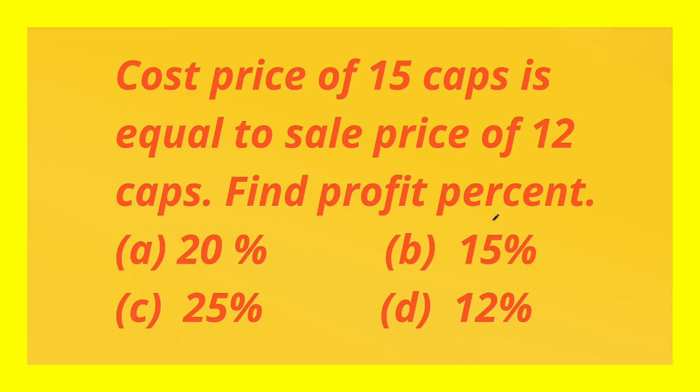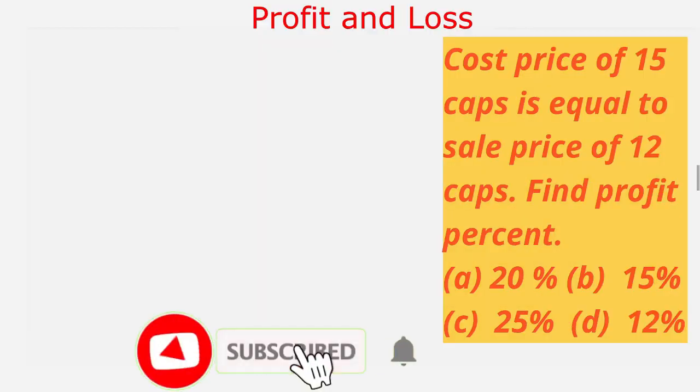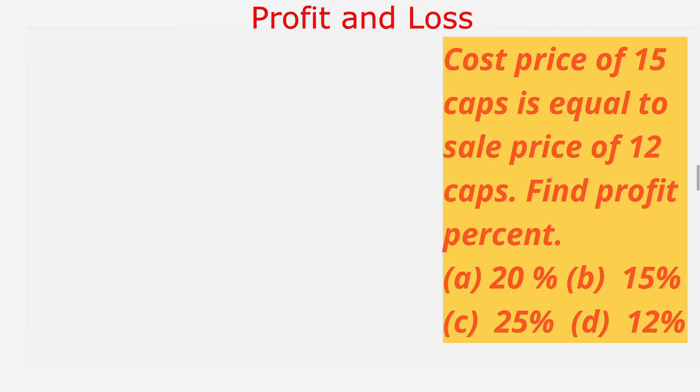Find profit percent. The options are A 20%, B 15%, C 25%, D 12%. We solve this question by two methods: one is the conventional method and the other is the short trick formula method.